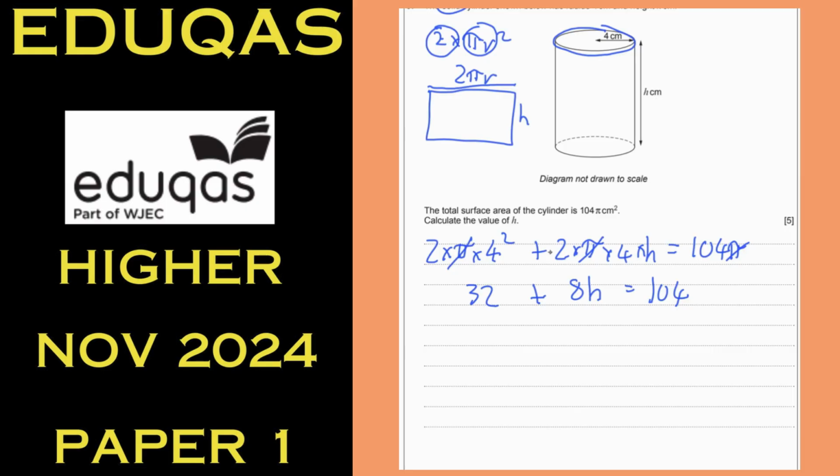Should have mentioned a couple of marks for that line, another mark for getting it simplified and doing any bit of algebra. Let's now subtract 32 from both sides, and you know you're going right when it works out nice and friendly. h will be 72 divided by 8, 9 centimeters for your final mark.